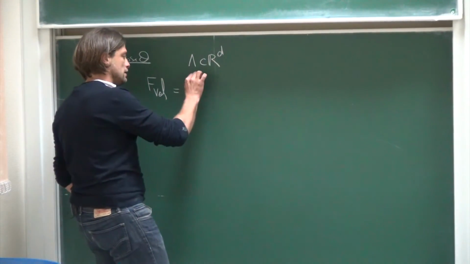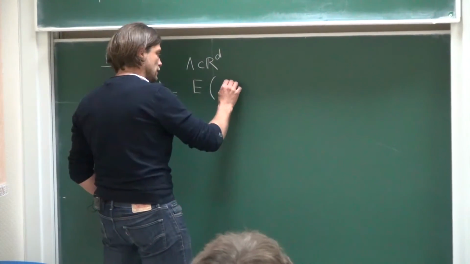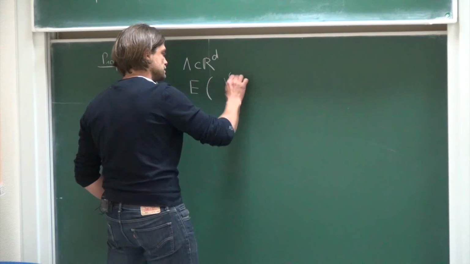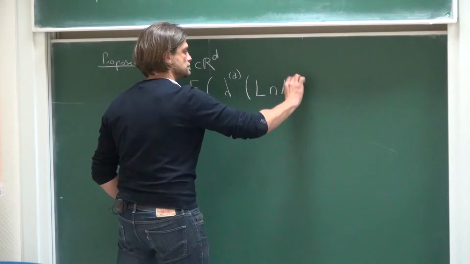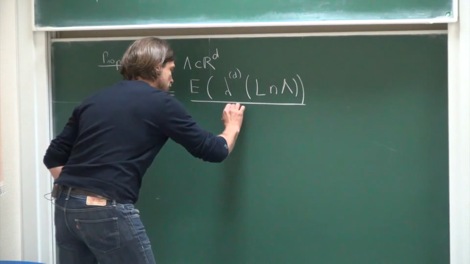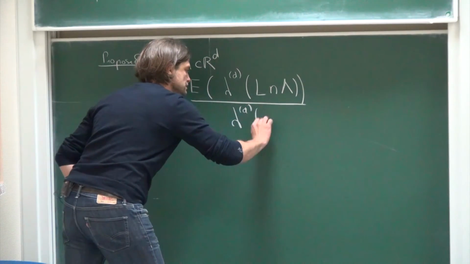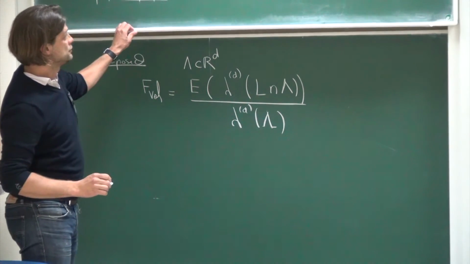I consider the expectation of the volume of the Boolean model inside the window Lambda, and I divide it by the volume of Lambda. I'm not sure it's clear what I do here.